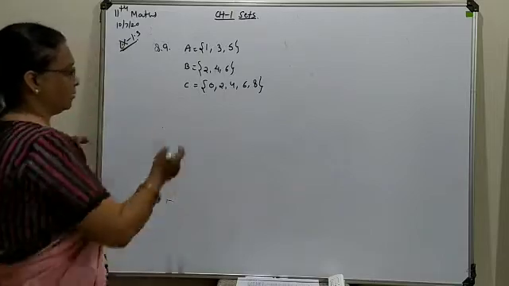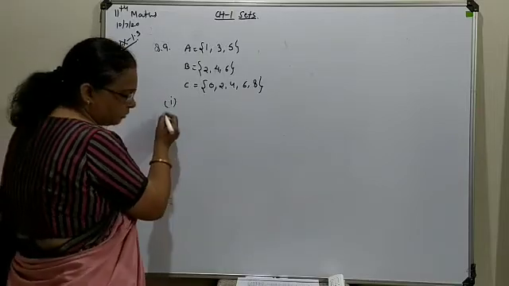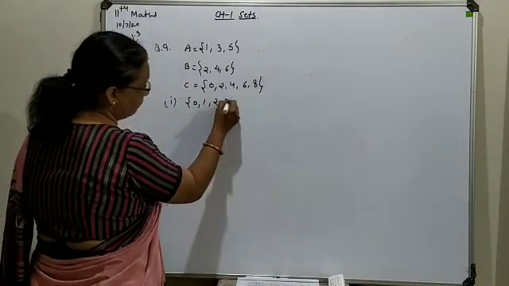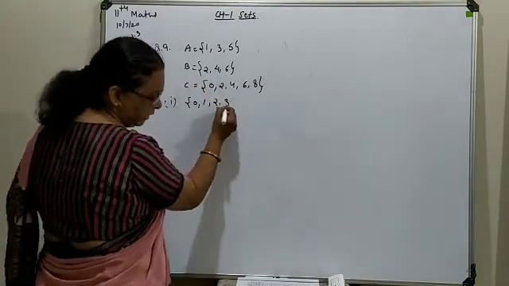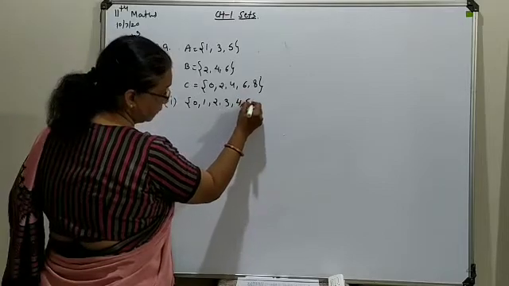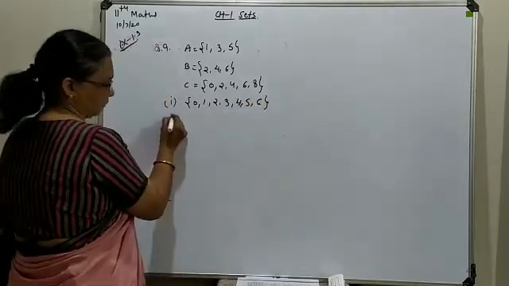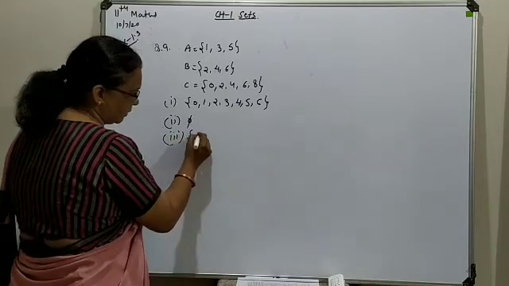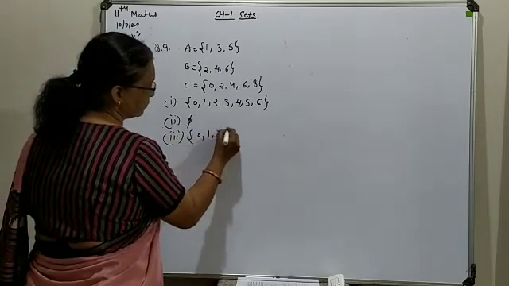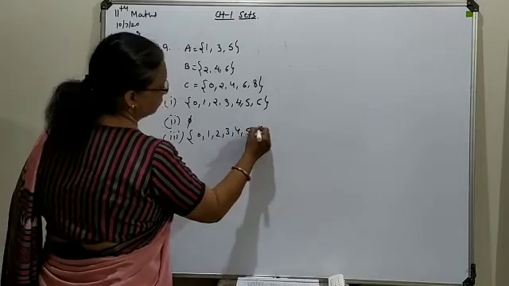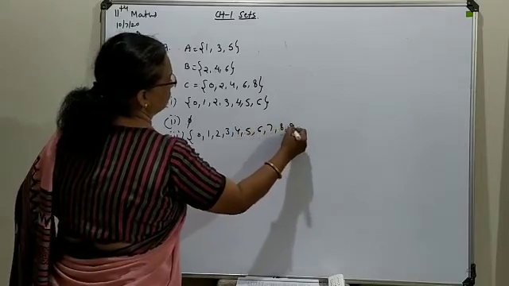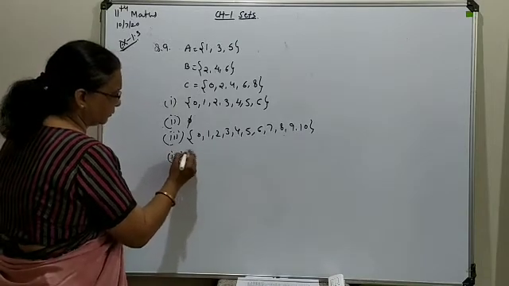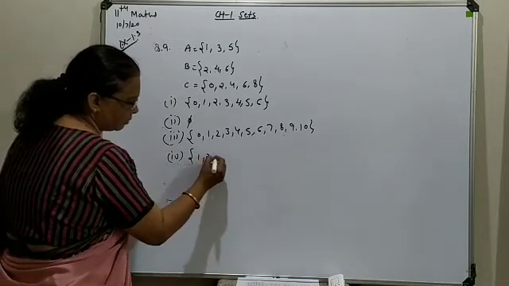So first of all we try to understand which one will be considered the universal set with reference to these given 3 sets. One is this much, another is a null set, the third one contains elements till 10, and the last one is 1, 2, 3.